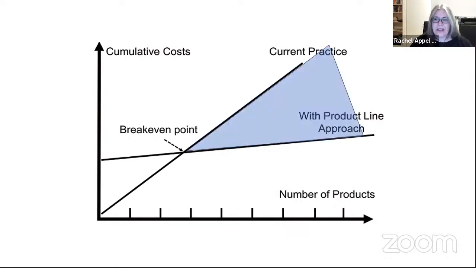But once you pass that break even point, this nice light blue profit zone right here, it gets better and better the number of products with an approach of a product line gives you all of these great returns: fewer bugs, easier ways to track them, easier maintenance, faster time to market, et cetera. So there is a break even, and if you look through academic literature, which is what I've been doing quite a bit of, it comes out about 3 versions in, which is not too bad for a break even.